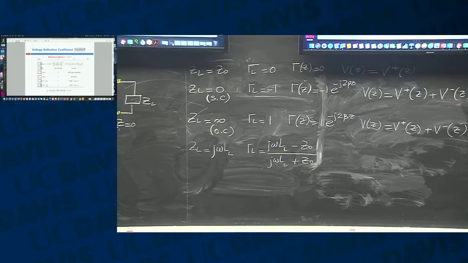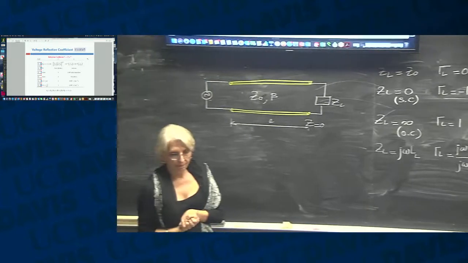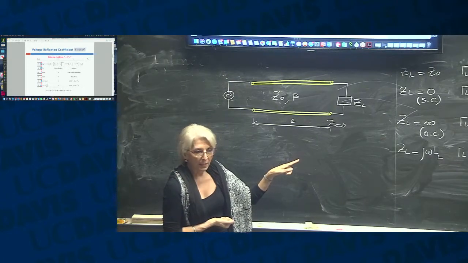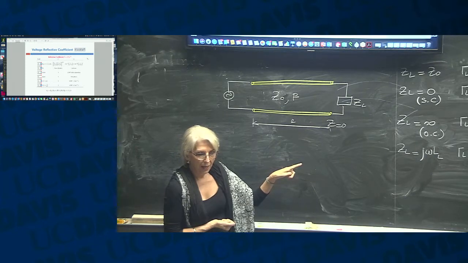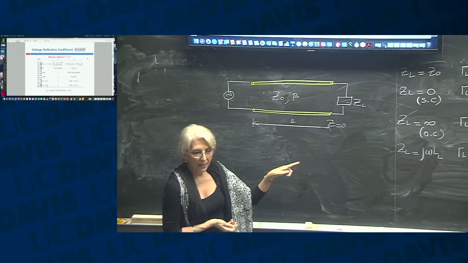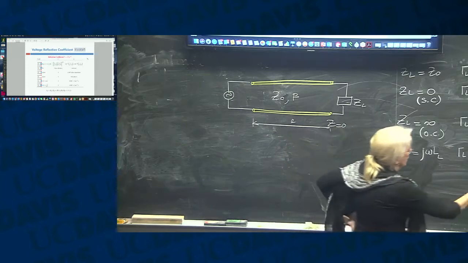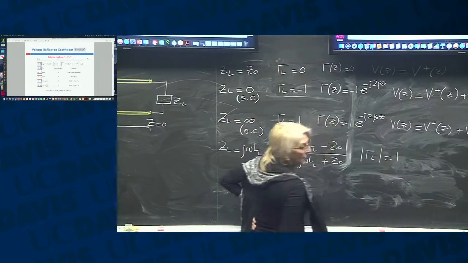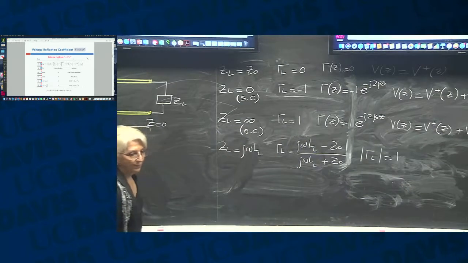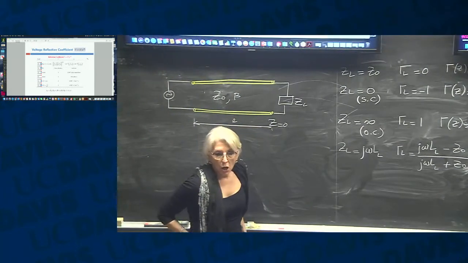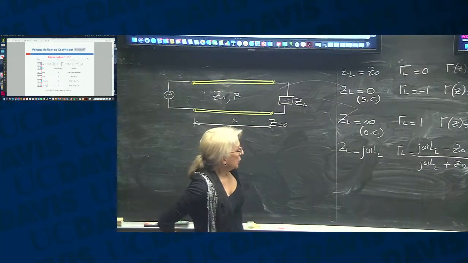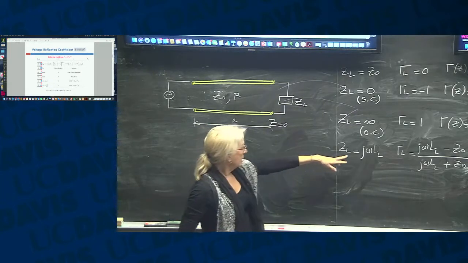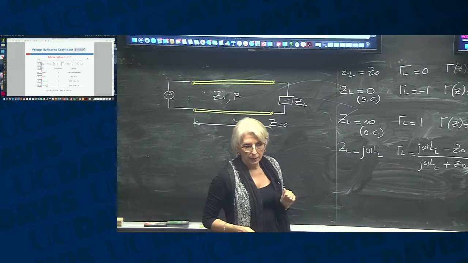What is interesting about this? Can you tell me something characteristic, something interesting about gamma sub L? Do you agree? So, the magnitude of gamma sub L when you have an inductive load is 1.